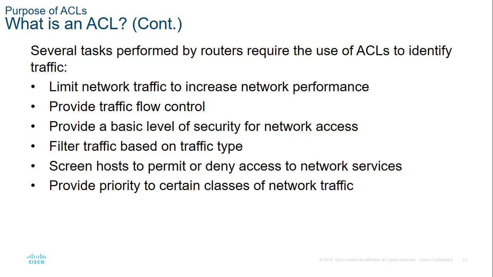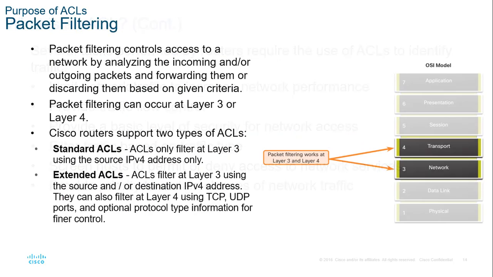For example, corporate policy specifies that voice traffic be forwarded as fast as possible to avoid any interruption. So we would create a policy that can be implemented using ACLs and quality of service to identify voice traffic and process it immediately.